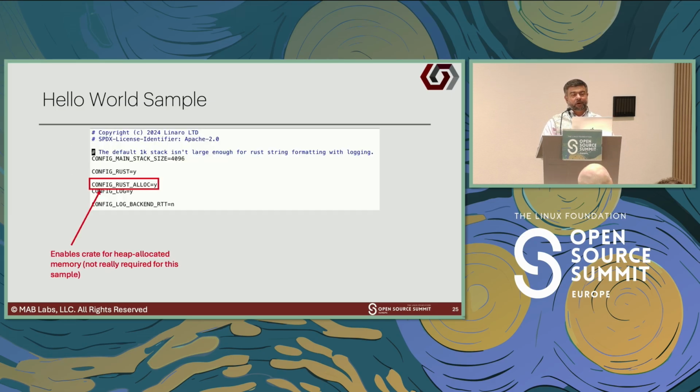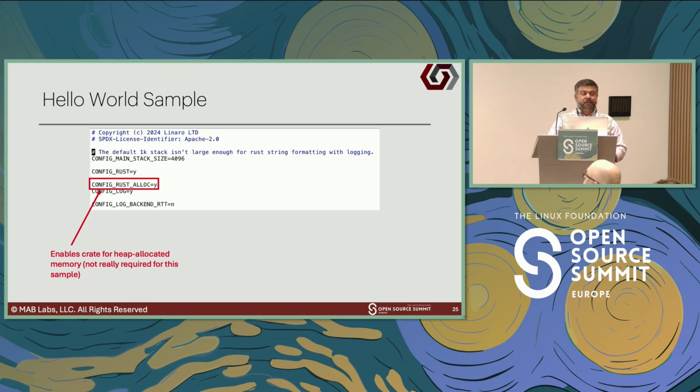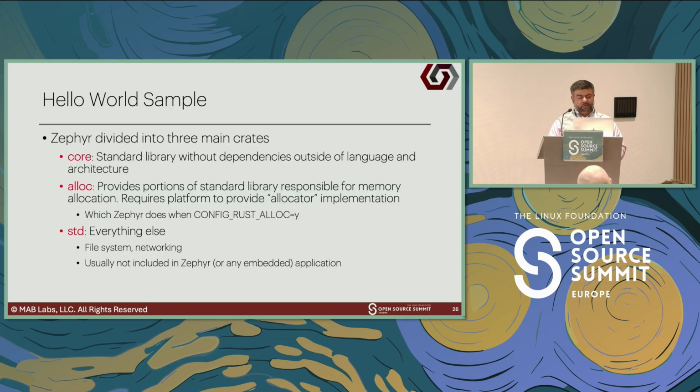If we're doing more interesting memory allocations that are more dynamic, then we would definitely want to use config Rust alloc in that sort of application. But in this case, I think it was just included in here for demonstrative purposes. We don't really need it for this Hello World application. And then there's the third thing, which is the standard library.